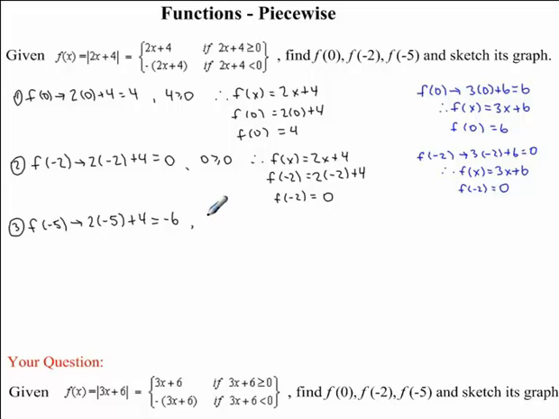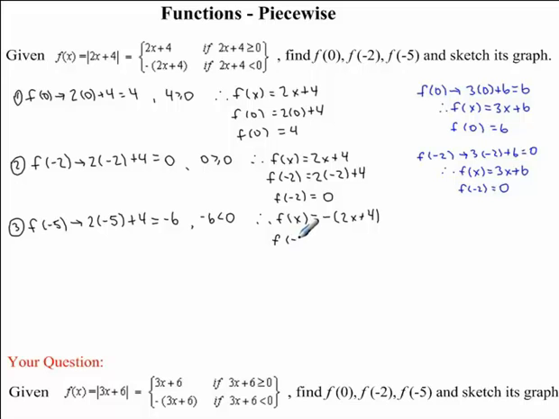So here we have that -6 is less than 0. So therefore, the function we are going to use is f of x is equal to negative, and then in brackets we have 2x plus 4. We are now going to evaluate this when x is equal to -5.